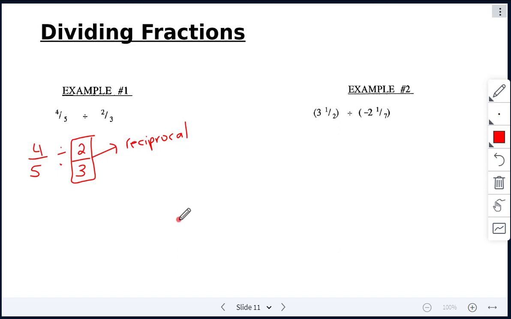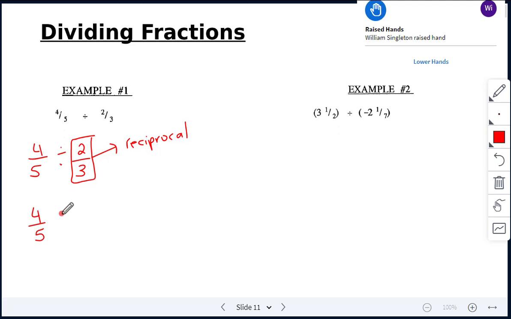And then you proceed as multiplying. So we leave 4 over 5 alone. 4 over 5 is kept the same. And then the rule is you multiply by the reciprocal, by 3 over 2. And then we proceed as normal.